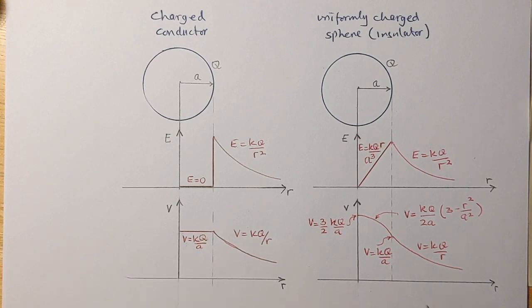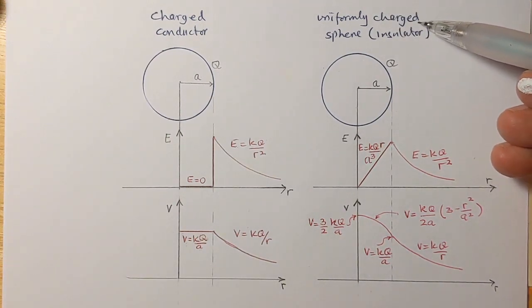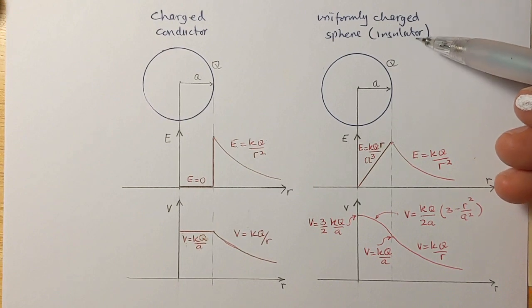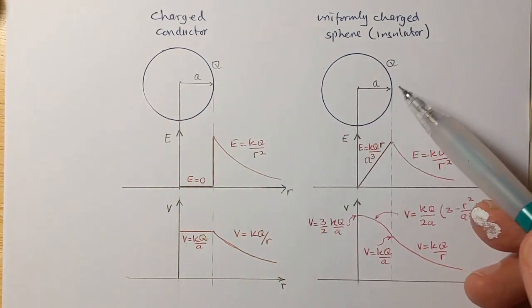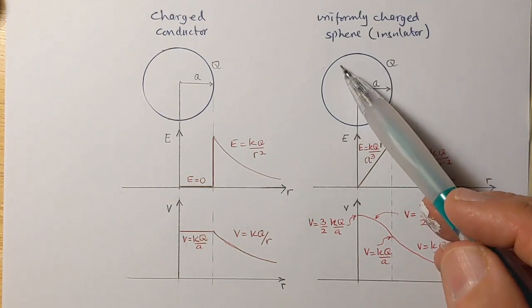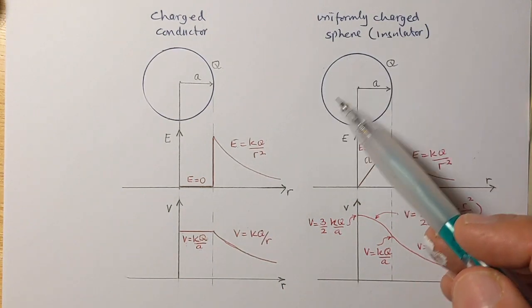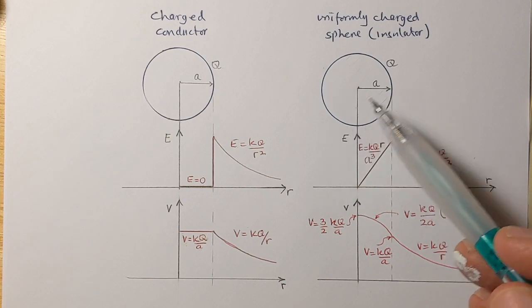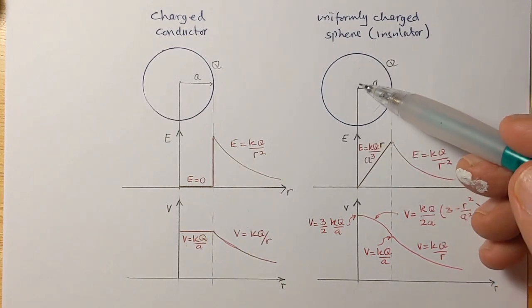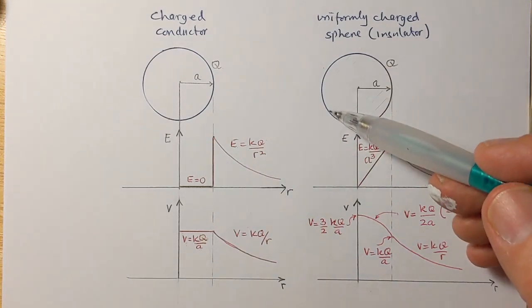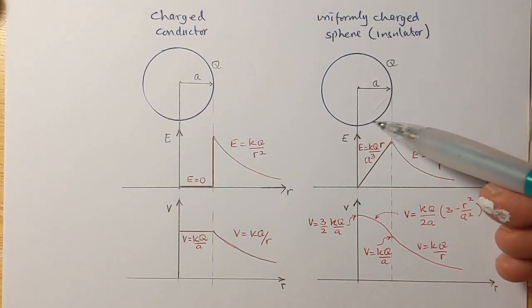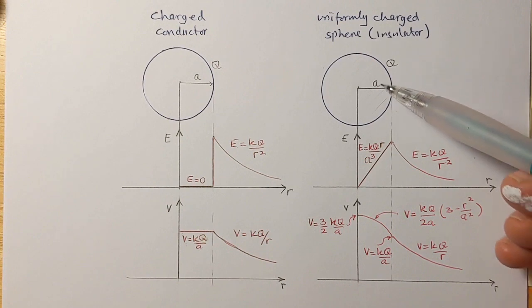Now, to compare it with a uniformly charged sphere, which is essentially an insulator, we have the same charge q, or maybe different, distributed throughout the volume of this sphere. So it's not a hollow sphere. This may or may not be hollow, but it has to be solid, and the charge has to be distributed everywhere inside it uniformly.